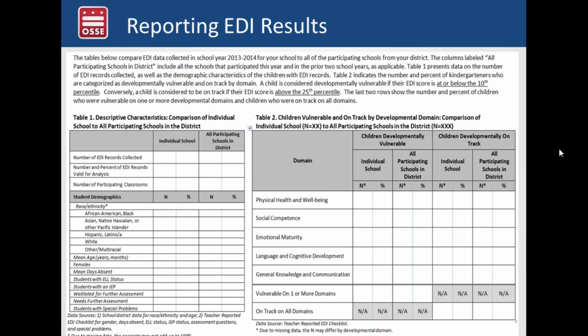And what's in that roster are some student demographics so that when the teacher logs in, he or she doesn't have to waste time filling out demographics, but also the child's home address, which we use to geocode to the neighborhood cluster that they live in. So that is how we're able to produce data that shows how children are doing where they live, as well as produce a school report that shows how children are doing within the school that they go to.